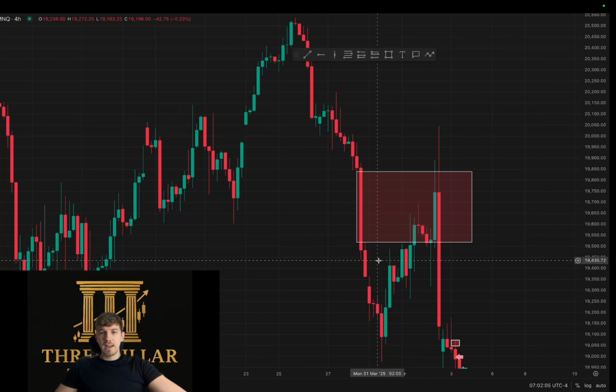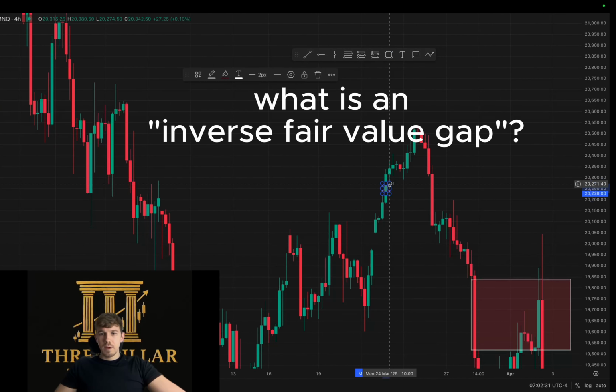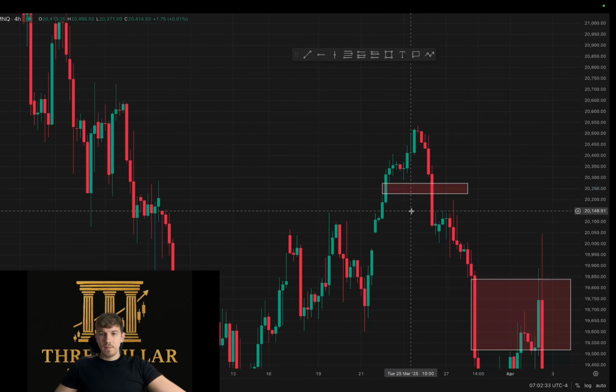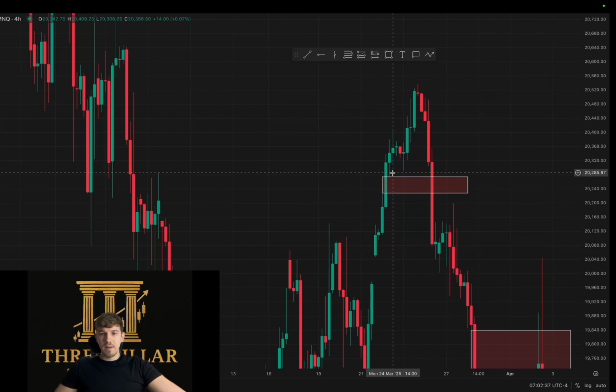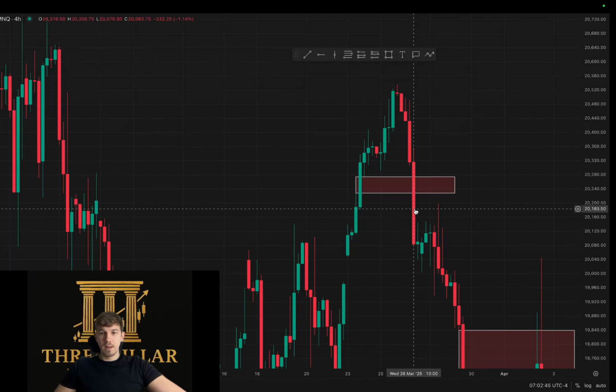Now what happens when you get an inverse fair value gap? An inverse fair value gap is when, in this example, a bullish fair value gap gets disrespected by bearish order flow. So bearish order flow closed through this bullish imbalance and inversed it, whilst also creating a bearish fair value gap.